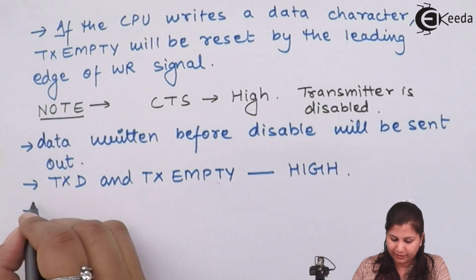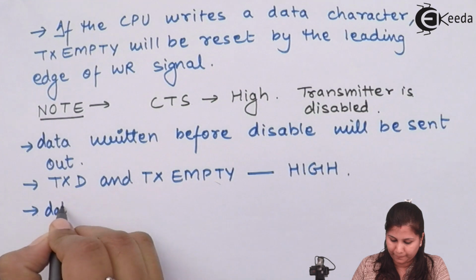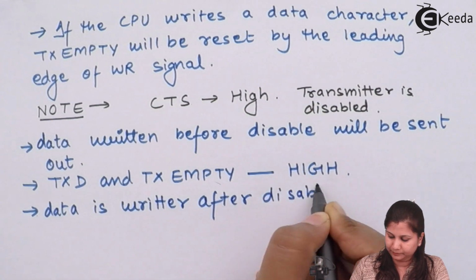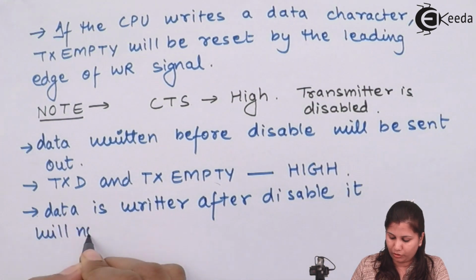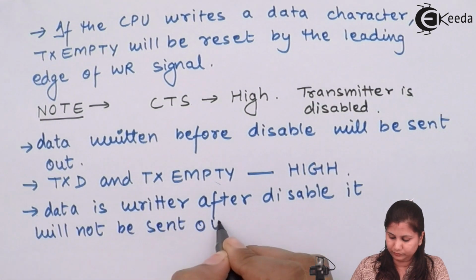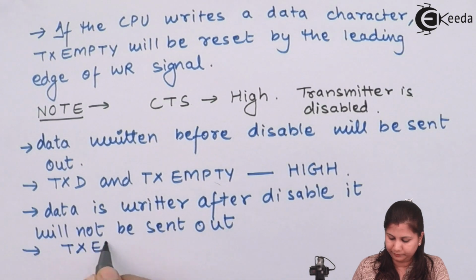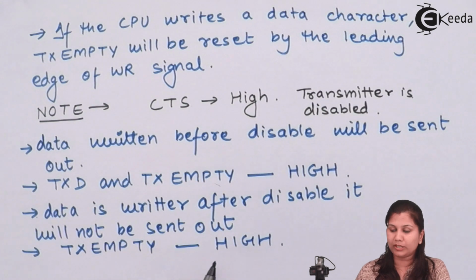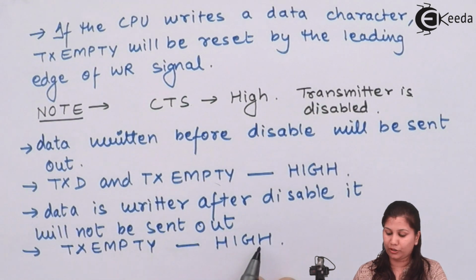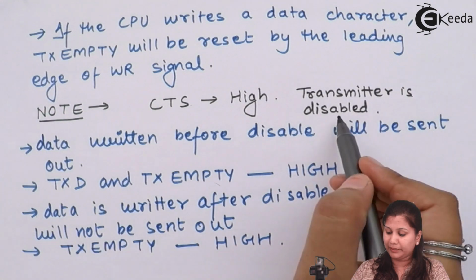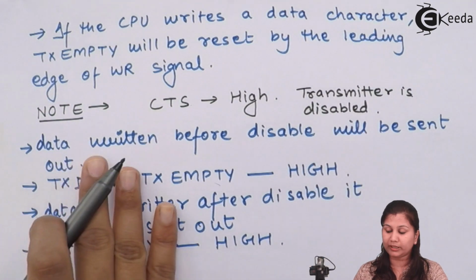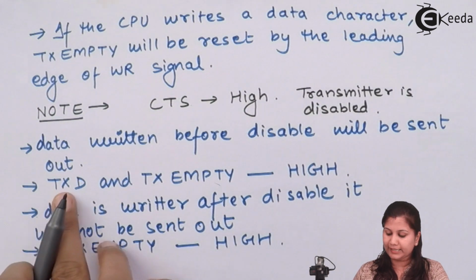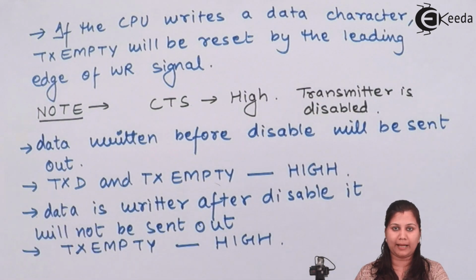So with this disabling of the transmitter, if data is written before that disabling, the data will be sent out, and TX empty will be at the high position.